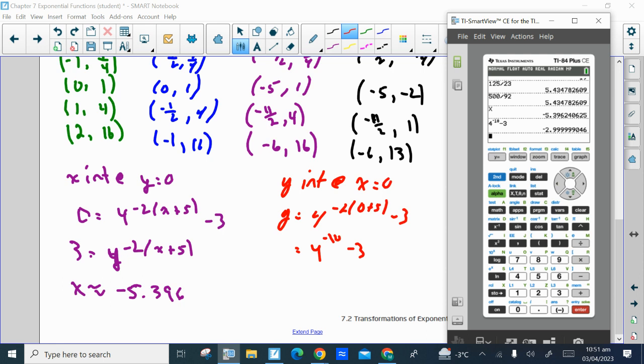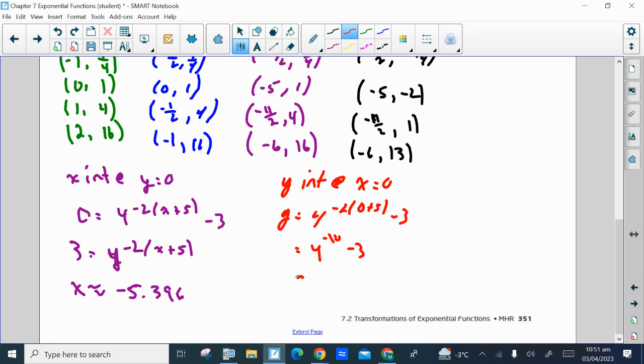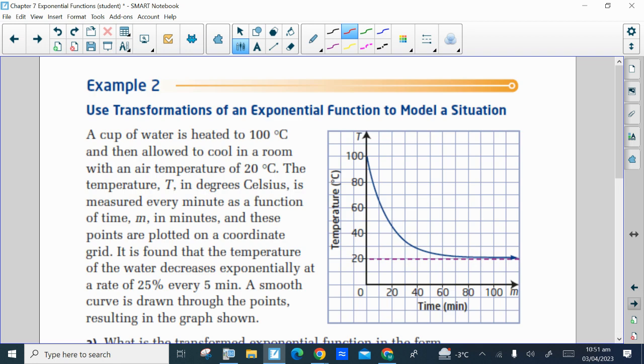So you'd have to say approximately -2.9 repeating. And again, you can't say that it rounds to -3 because that is where the horizontal asymptote is. Okay?